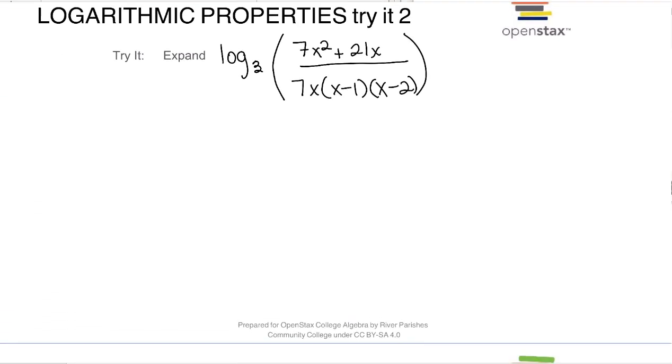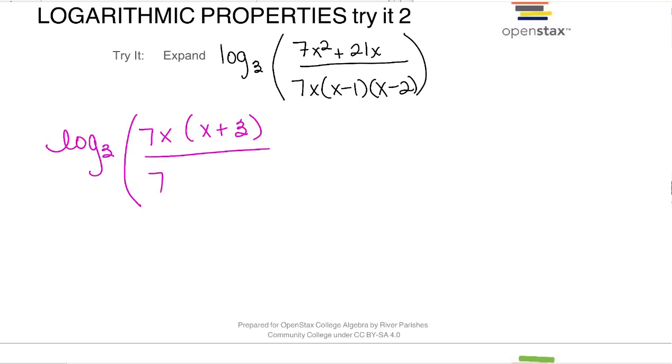All right, so let's try this one together. I know it's a try it, and I normally let you do this one on your own, but let's go ahead and do this one together. So for this one, this would be one where you could actually factor out part of the numerator. 7x can factor out of the 7x squared plus 21x, and that would leave x plus 3, right?